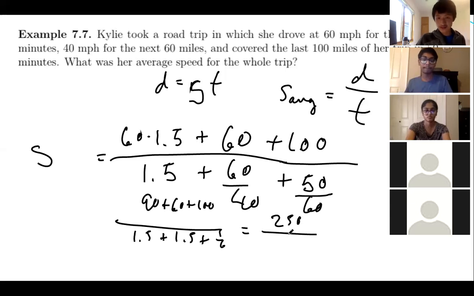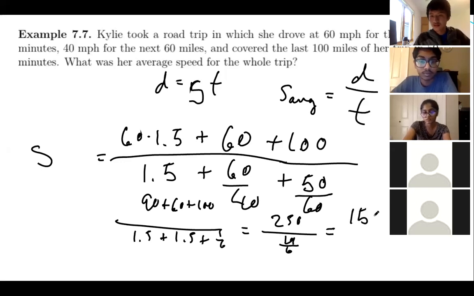So the total distance is 250, and the total time is 19 over 6. So overall, the average speed. Actually, I think I did something wrong. Okay, someone can double check my math. But yeah, that's the gist of it.